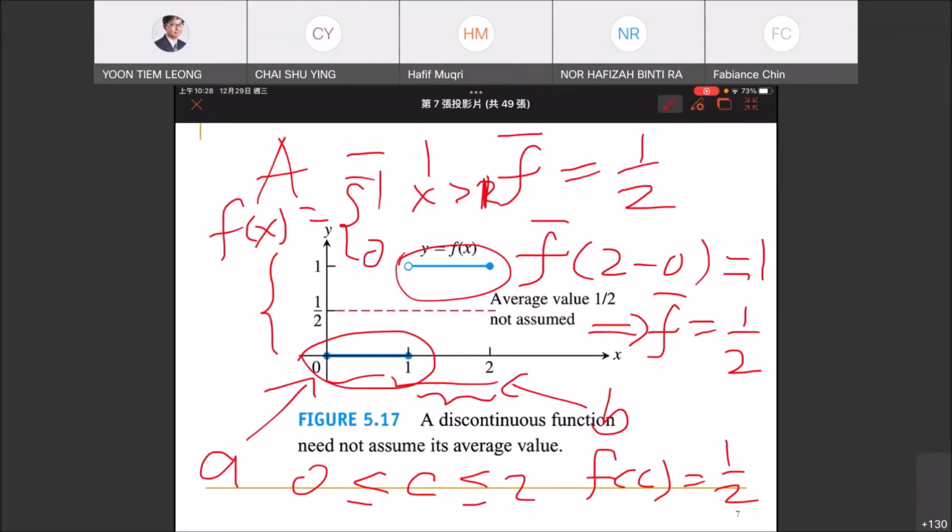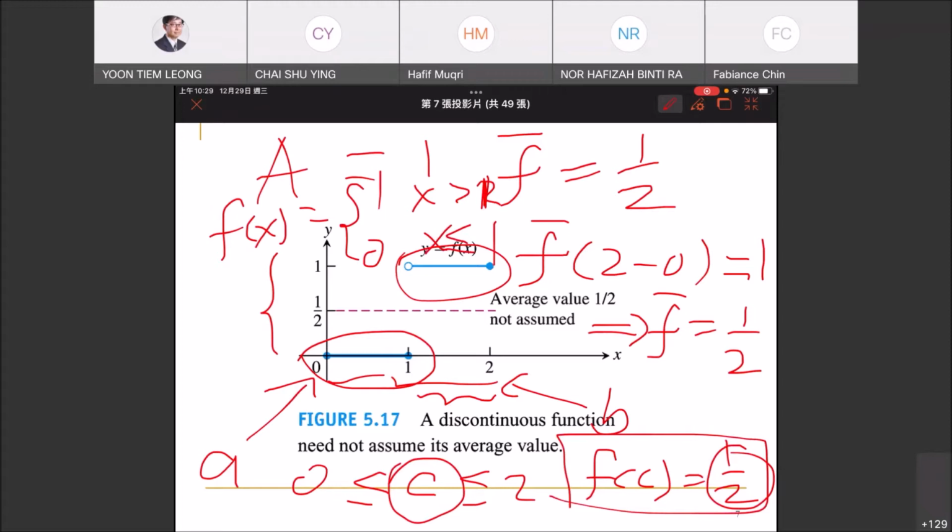When x is less than or equal to 1, the function is 0. So f(x) takes on only 0 and 1, but it would never be able to equal a half. In other words, you cannot find any value of c where the function at c is equal to the average.